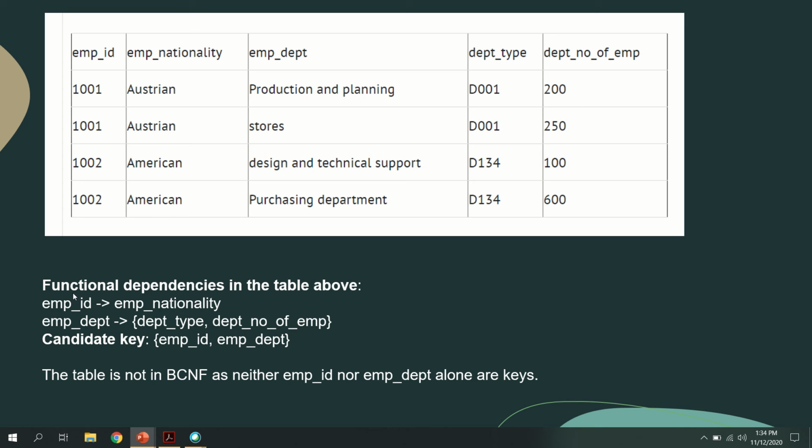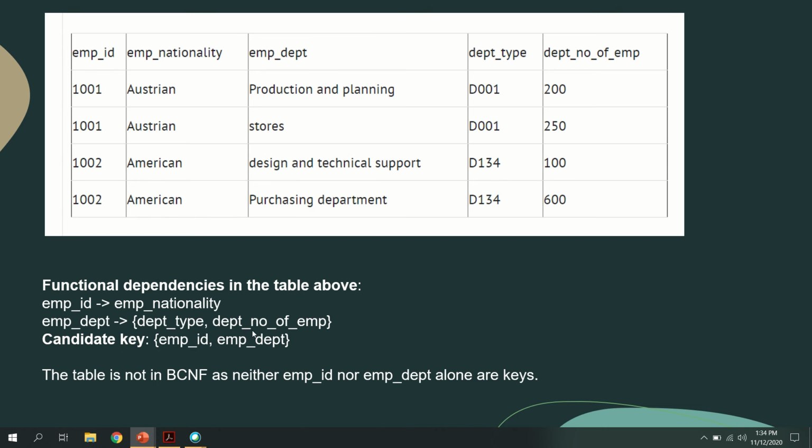But in order to make a table into BCNF, the second condition says that if you take every functional dependency, the left side of the functional dependency should be a super key. But here, the left side of the first functional dependency is employee ID alone, which cannot uniquely identify each and every row inside the table. So it will not satisfy the condition.